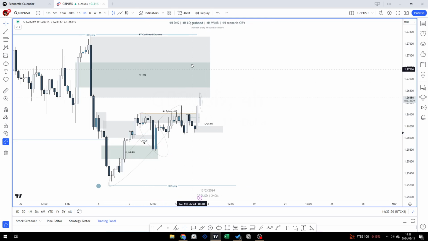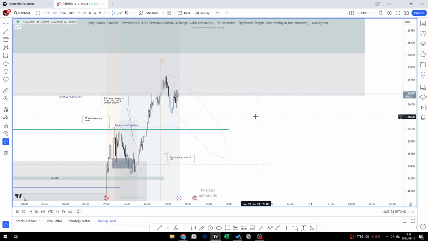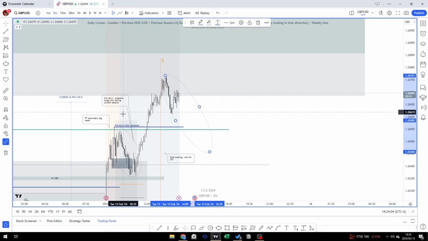However, now we've got pro-trend confirmed for 4H OB to support any short ideas, and thus any 15-minute, 5 or 30-minute validations will result in the creation of a pro-trend primary leg.